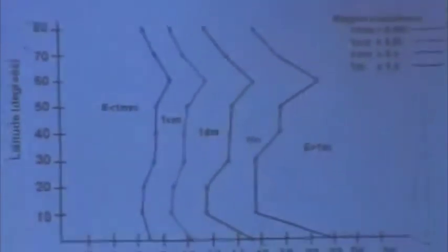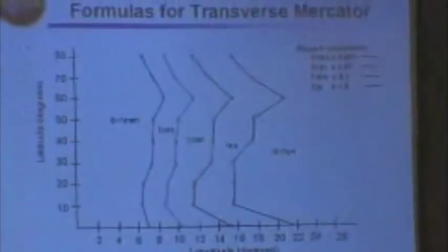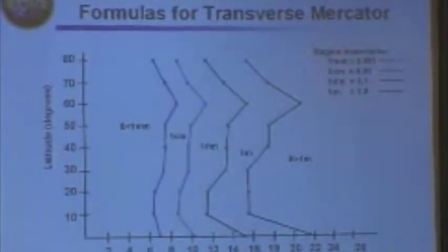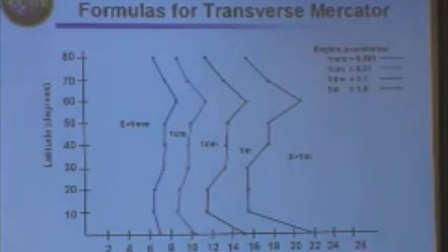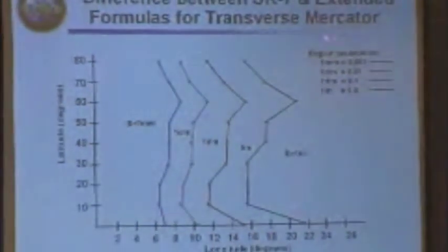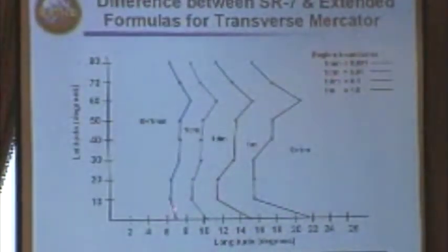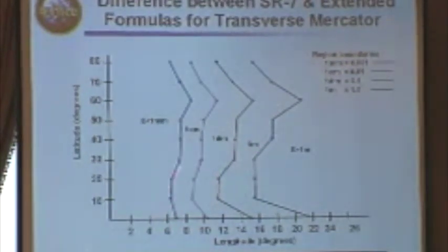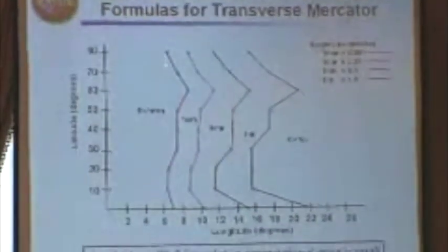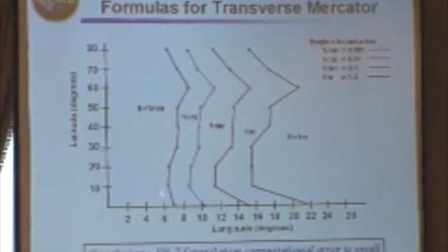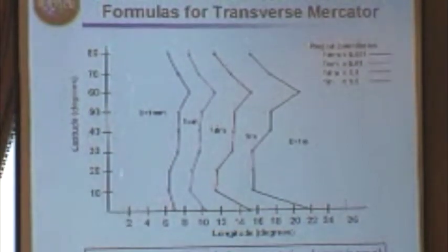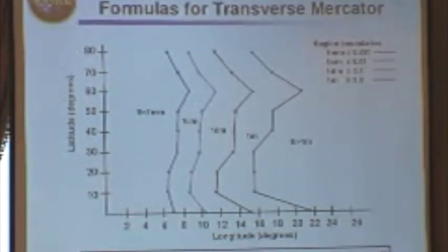So what I did is a little experiment. On this axis, I have latitude in degrees, and on this axis I have longitude in degrees, and I use transverse Mercator, and the 1 millimeter, this is the truncation error. There's where the truncation error is 1 millimeter or less in this region. Now 1 millimeter isn't very big, guys, a little bitty thing, right?